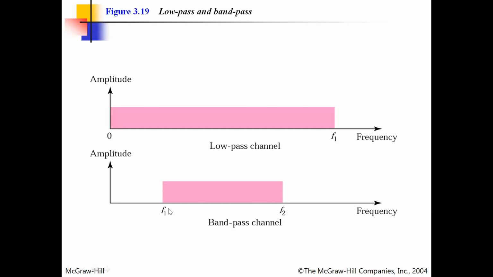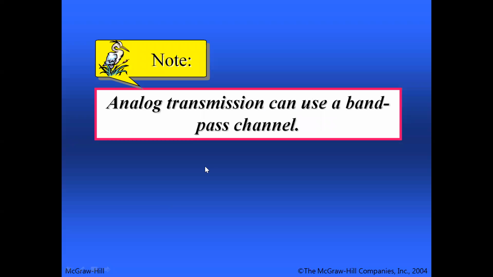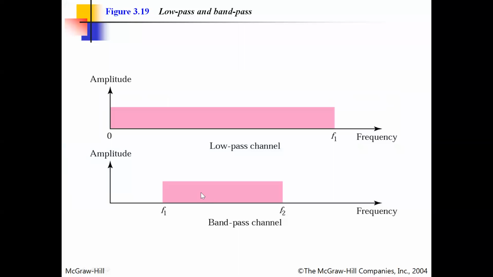Band pass channel এর ক্ষেত্রে আমরা দেখছি ফ্রিকোয়েন্সিটা জিরো থেকে স্টার্ট না হয়ে from the middle of the range একটা জায়গা থেকে শুরু হয়েছে। So a digital signal needs a low pass channel, and analog transmission can use a band pass channel.